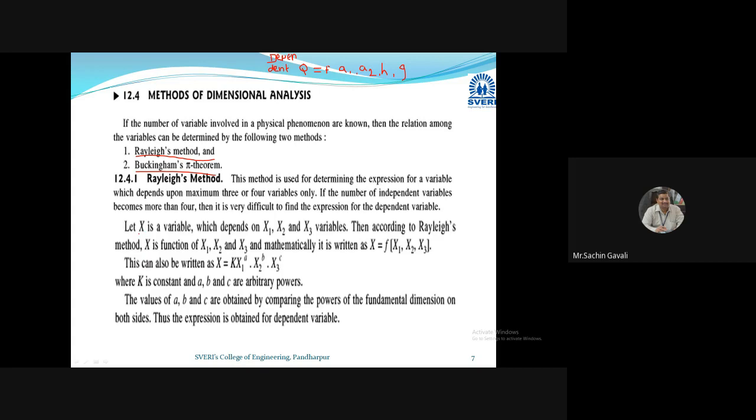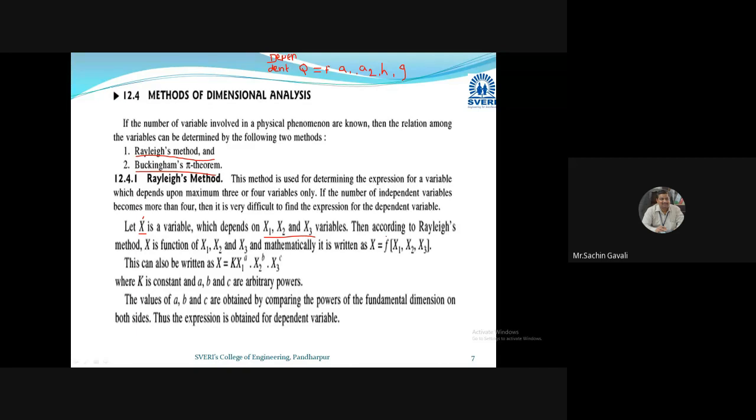Let x be a variable which depends on variables x1, x2 and x3. Then x is called what? The dependent variable. So x depends on x1, x2 and x3.